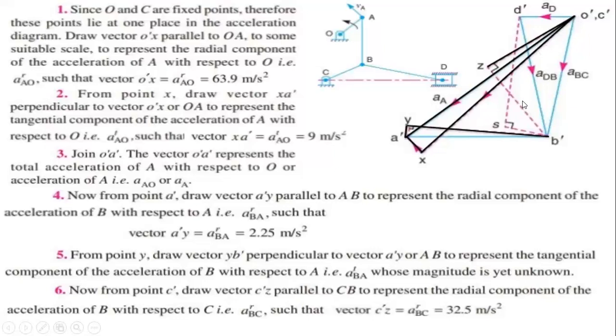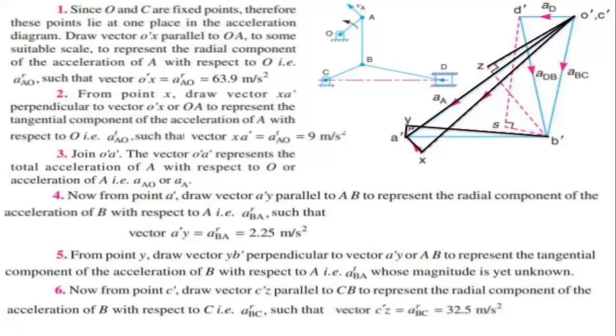The dark black line indicates the o dash x line, which is parallel to OA in the space diagram, to some suitable scale, and we need to find the vector o dash x, that is the length of o dash x.